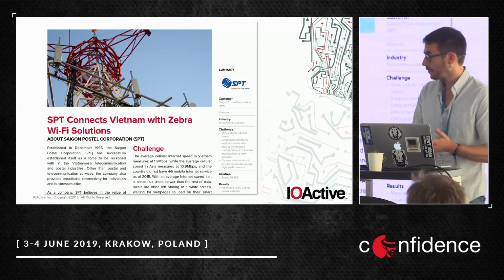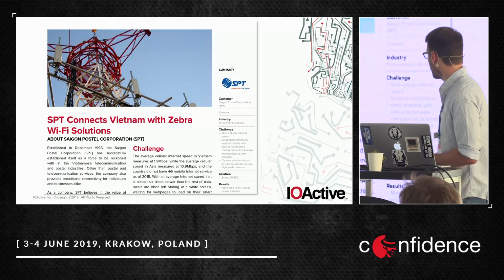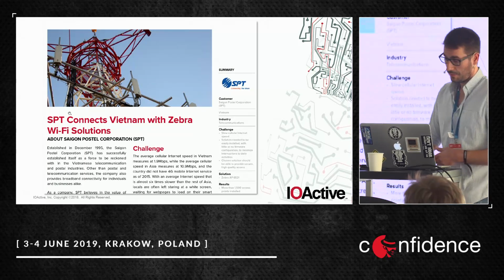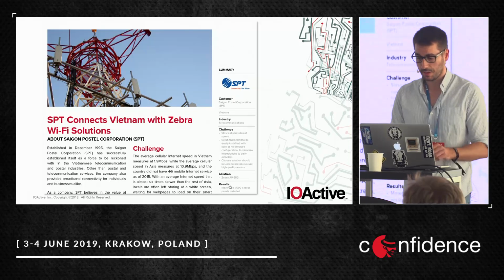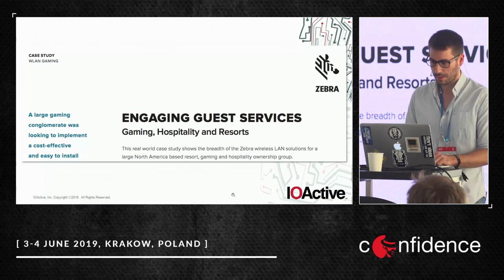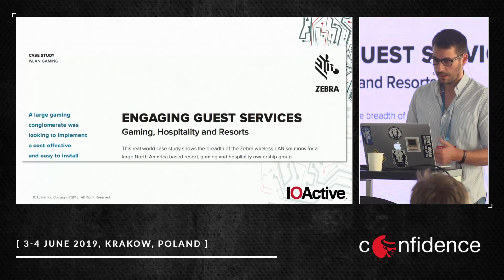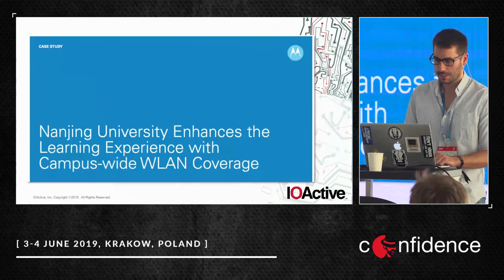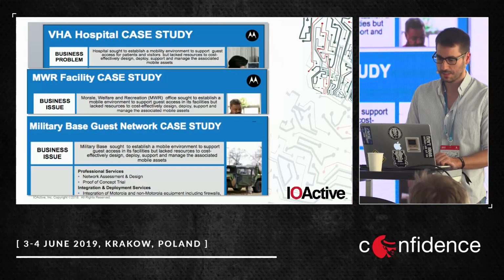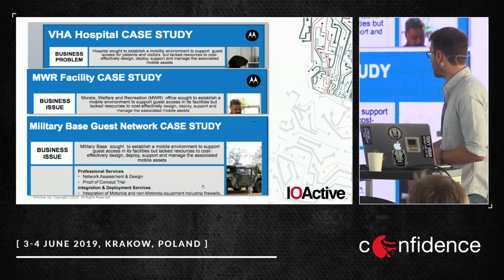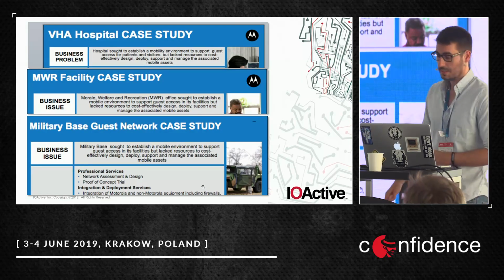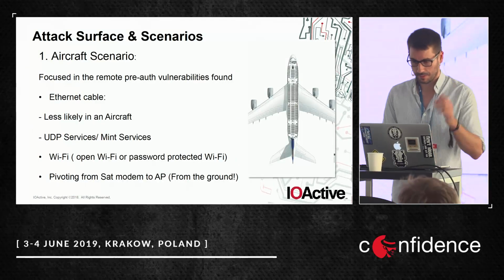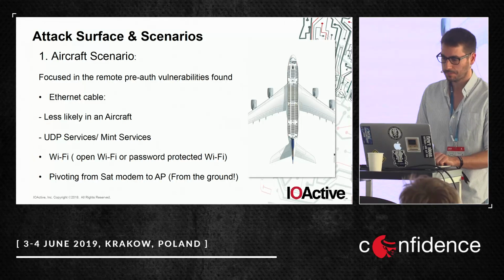In cities as well, for instance, in Saigon city in Vietnam, they have more than 1,500 access points to provide Wi-Fi to the citizens, and also hotels, casinos, more universities, even providing the guest network for military bases. So it's in a lot of different places.